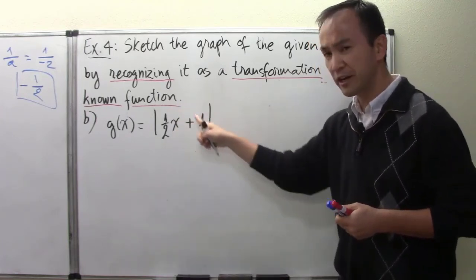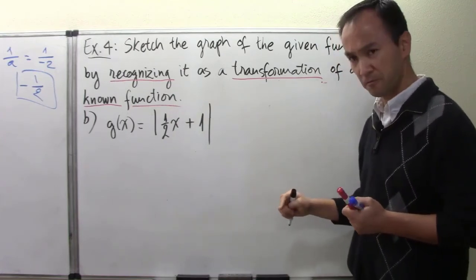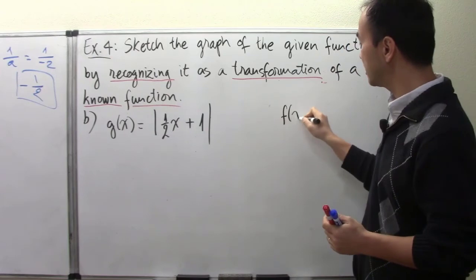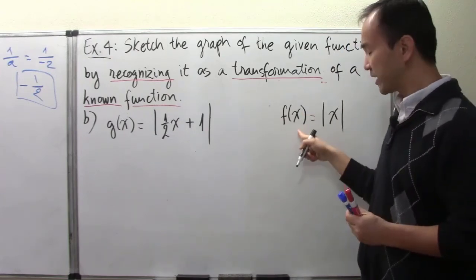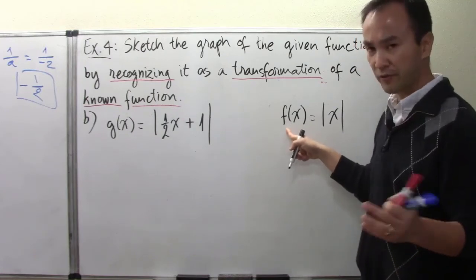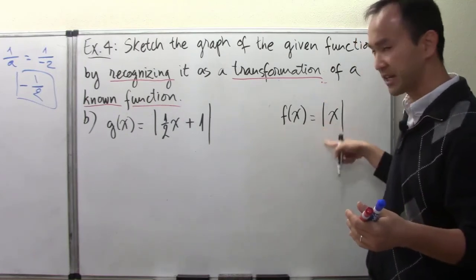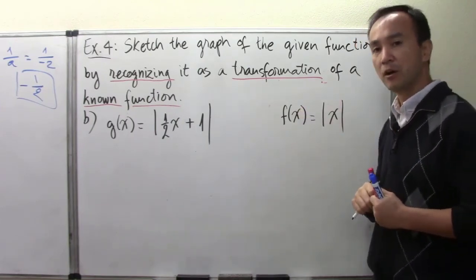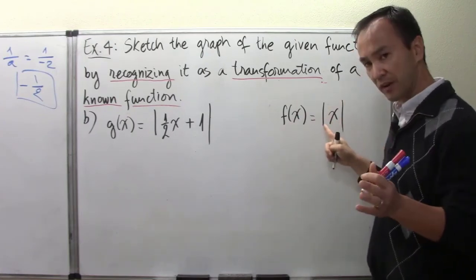Disregarding all the fancy things going on inside the absolute value, I recognize that we have already seen the following function. The rule can go as basic as calling the function f: take the absolute value of whatever input.